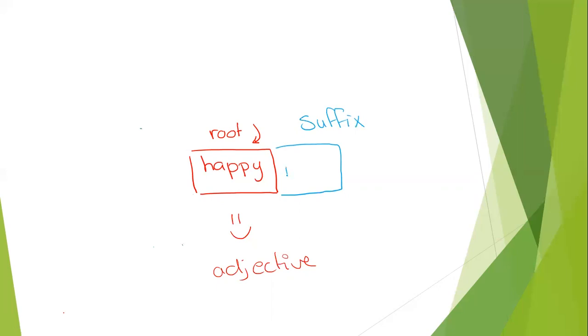Here the suffix is called ness. So the result is a new word. I have changed this only. So here I have a totally new word which is called happiness.